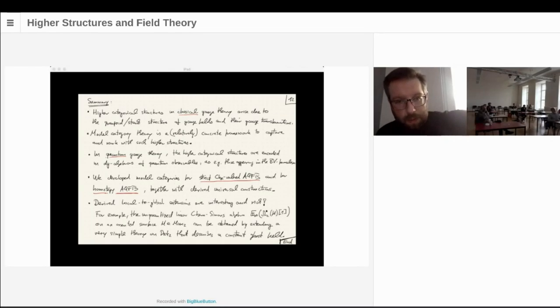I have one again. Thanks a lot for these lectures. My most pressing question is how this connects to Dijkgraaf-Witten theory. I guess the last example must connect to that, but more specifically, it's widely expected that Dijkgraaf-Witten theory is a fully extended TQFT.